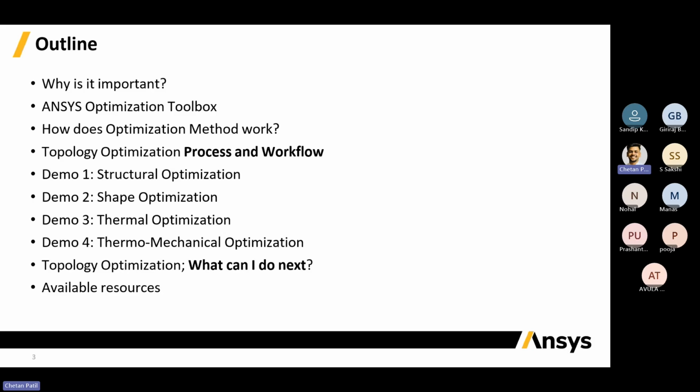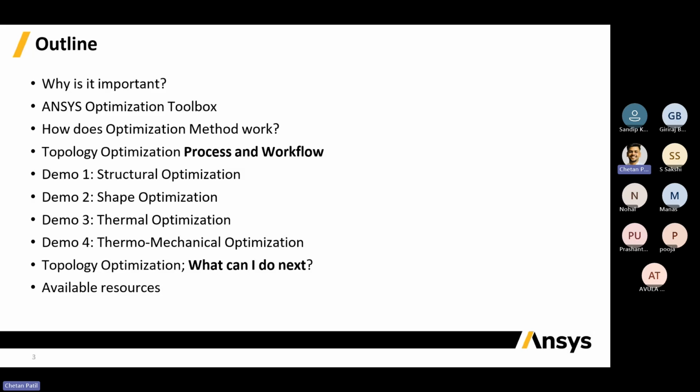There are a lot of things we need to discuss, such as how the optimization method works in the background, and based on what criteria or conditions the optimization happens in a particular geometry. Those things we'll discuss.